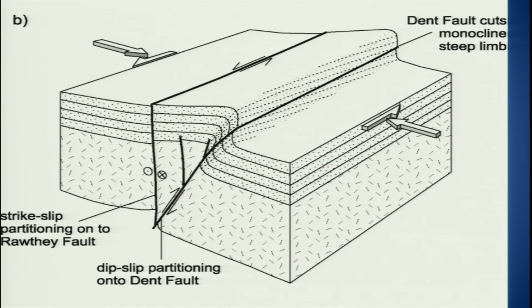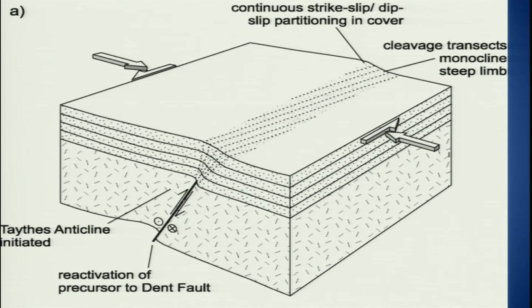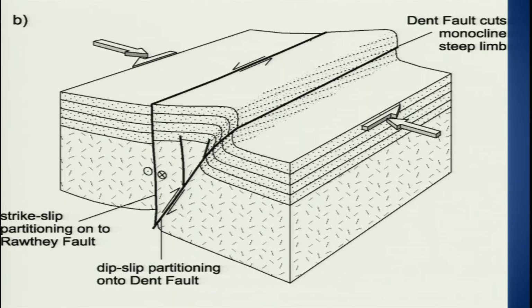So initially you develop folding along an almost high angle fault where this block is moving up, so you see folding here, and if there is oblique slip along with that, then you will see the formation of a strike slip fault on the hinterland side.